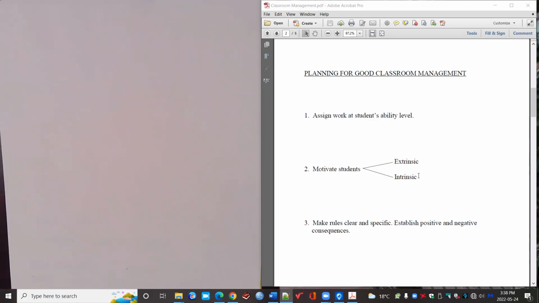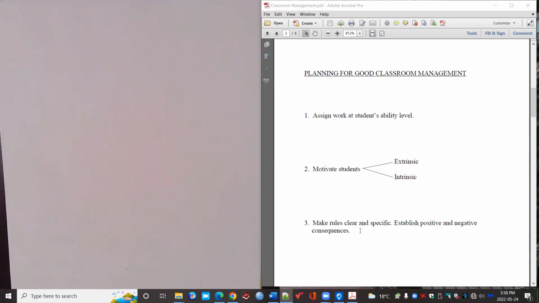So let's hope that Gordon Allport's functional autonomy for learning will take place. All right. So make rules clear and specific, especially positive and negative consequences.